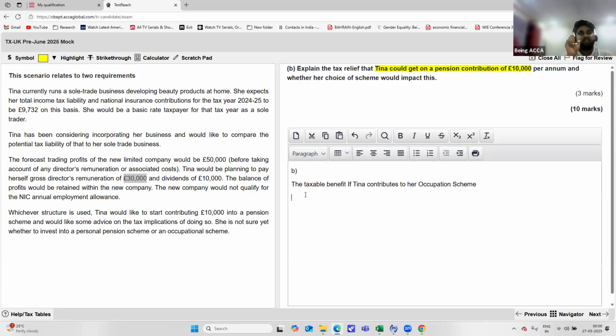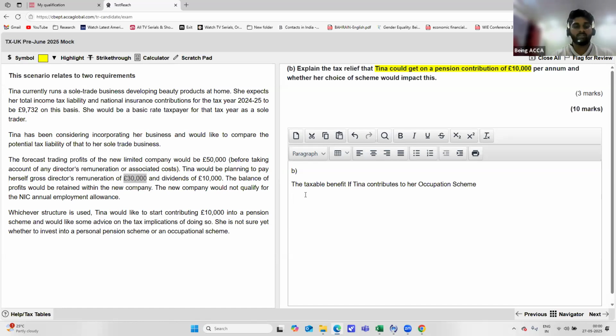So on that 10,000, she's having a saving of 20% because usually she had to pay tax on 30,000 less PA. Now she'll be paying on 20,000 less PA. So that 10,000 is being saved here. Because of that, she will make tax savings, and that is what we'll be writing here.